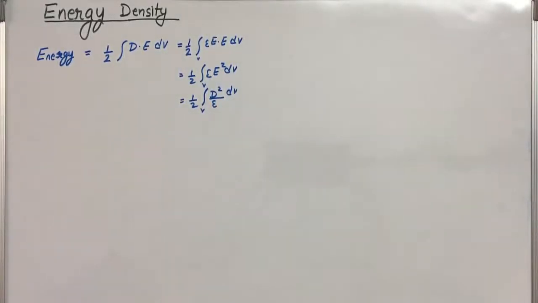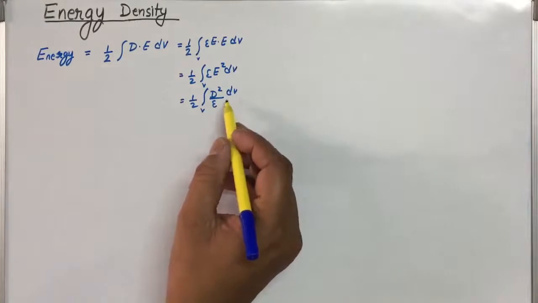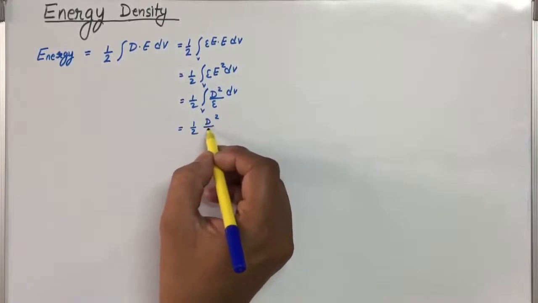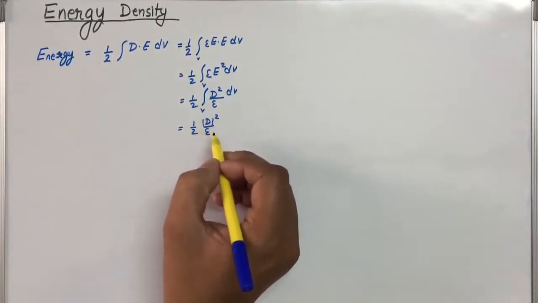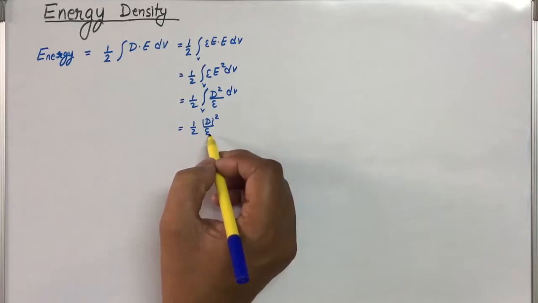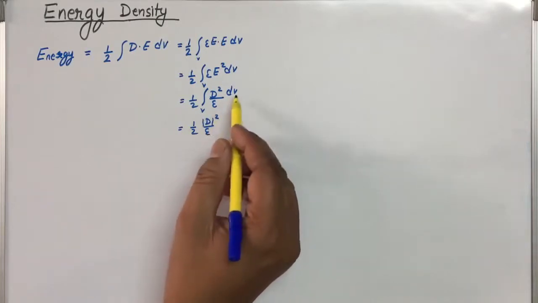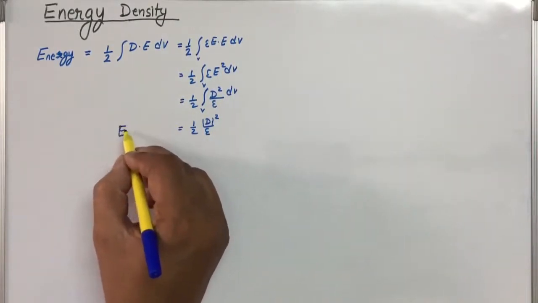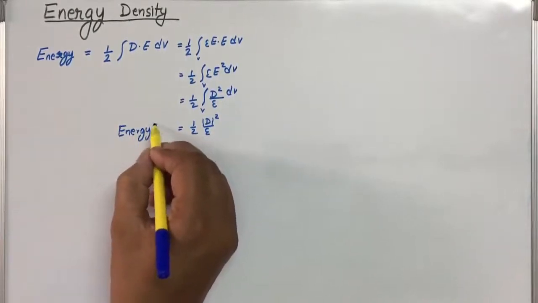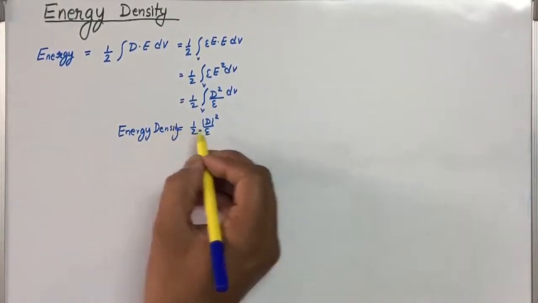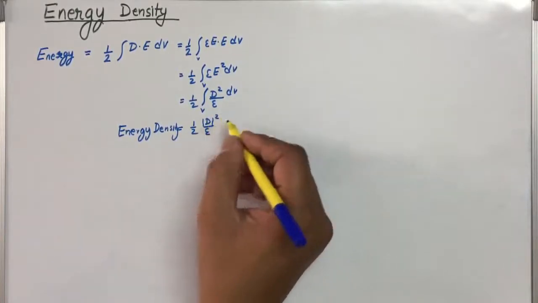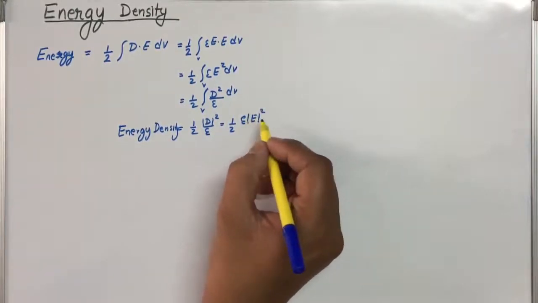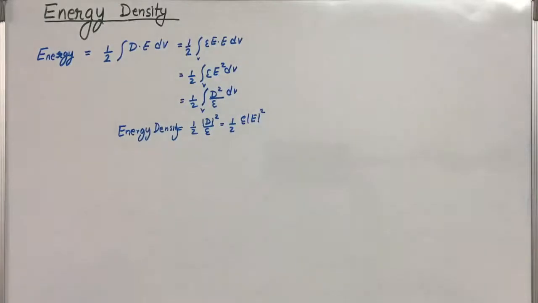In continuation, if we define the density, then half D square by epsilon will be the energy density per unit volume. In the electric field, that is half epsilon E square. This is the energy density in the electric field.